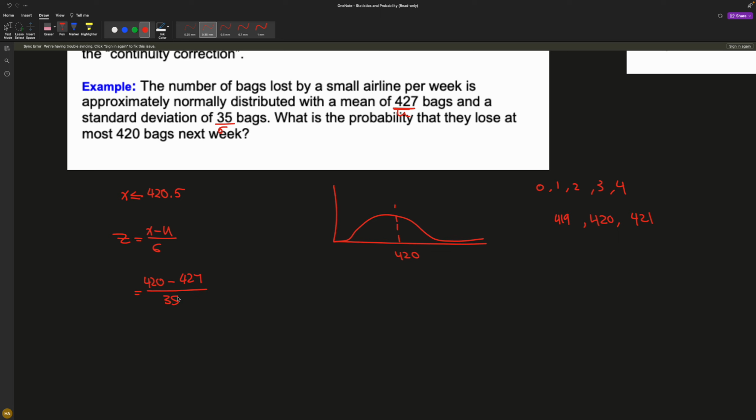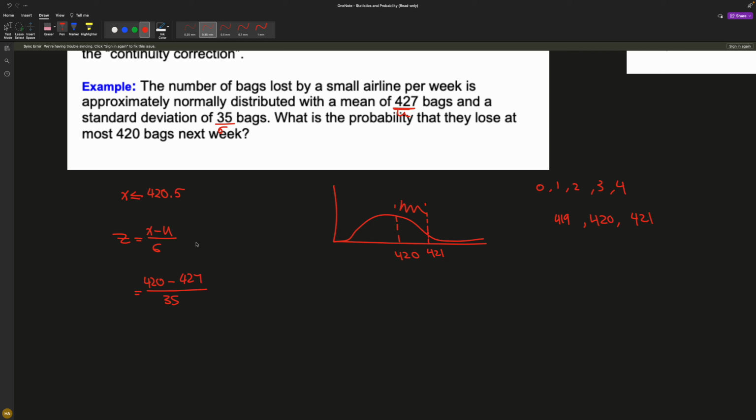Now this will work. The only problem is that at most means 420 is included. From 420 to 421, what happens to the data here? In a discrete distribution, this area has nothing, because discrete values are solid numbers.